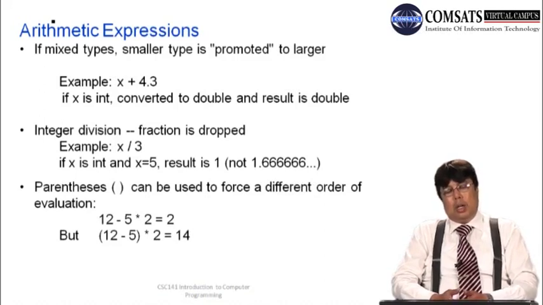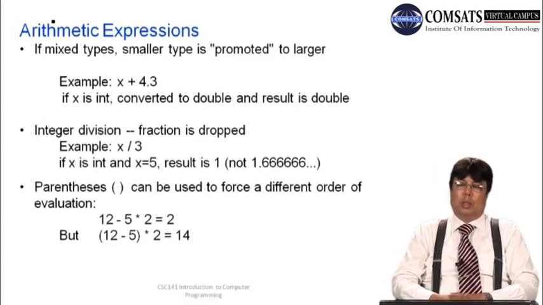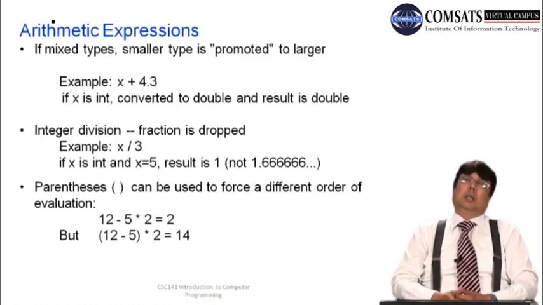You multiply an integer x, या you add 4.3 to x where x is an integer. ऐसी सूरत में system promotes the lower data type to the longer data type. ठीक? So x will be promoted to double and the result will be a double, means x plus 4.3 का जो आंसर आएगा that is not integer but that will be a double.